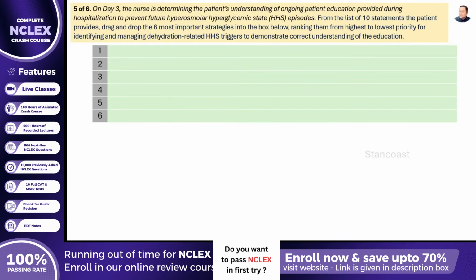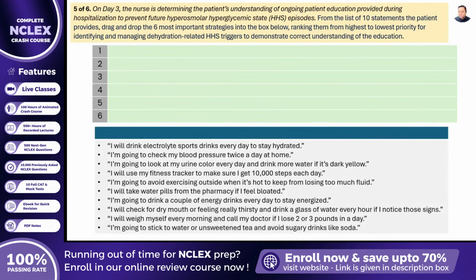From the list of 10 statements the patient provides, drag and drop the 6 most important strategies into the box below, ranking them from highest to lowest priority for identifying and managing dehydration-related HHS triggers to demonstrate correct understanding of the education. Hang tight. We have the options at the bottom.